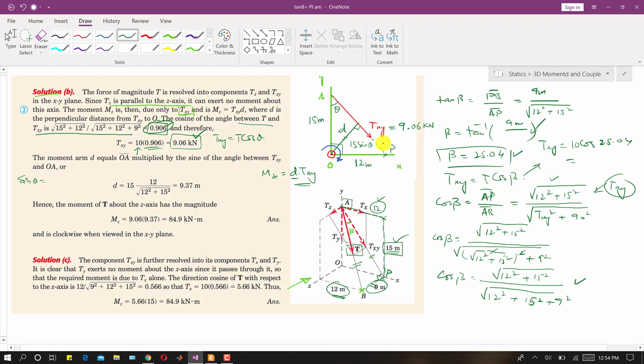So this is the hypotenuse, this AP, this is the base, and this is the perpendicular, this is theta. The side which is opposite to theta, the angle, will always be perpendicular, remember, right? So this D is 15 sine of theta. This is perpendicular and this is base, right? So base is 15 meters and the perpendicular is 12, right?